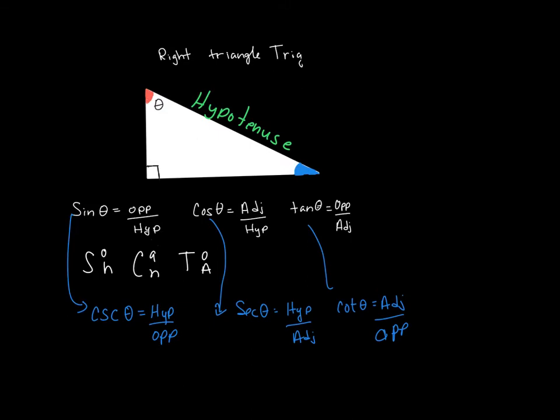So if I want to first start with this red angle up here, theta, the side directly next to it, or adjacent to this red angle, is this side, and that's what we call the adjacent side. Now, across from this angle is the opposite side.